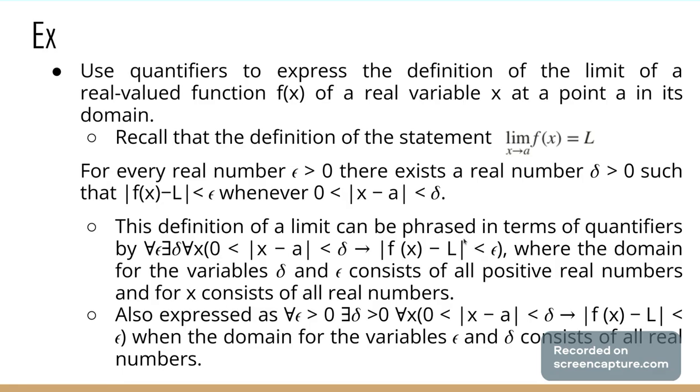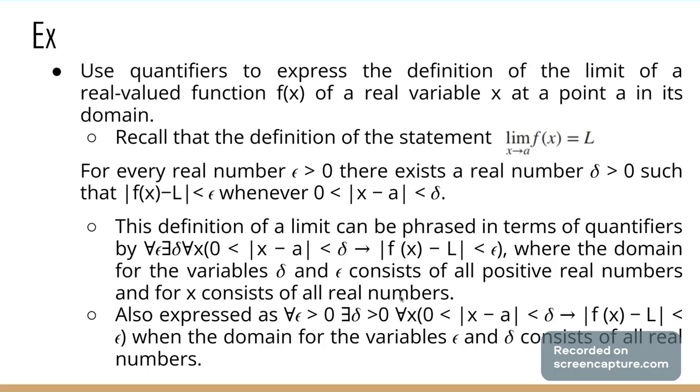But in this we have not specified that the real numbers epsilon and delta should be positive. So here the domain is all positive real numbers, where the domain for the variables delta and epsilon are all positive real numbers and x contains all real numbers.